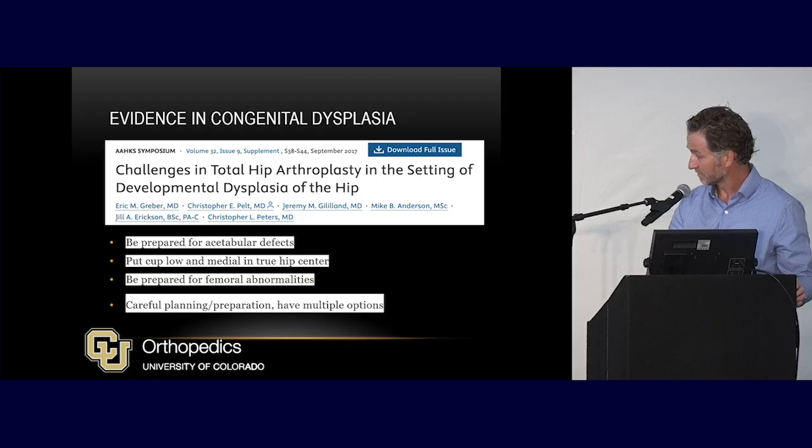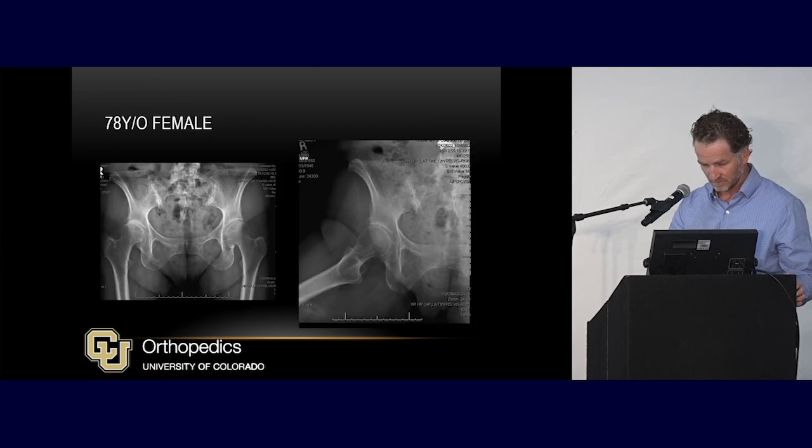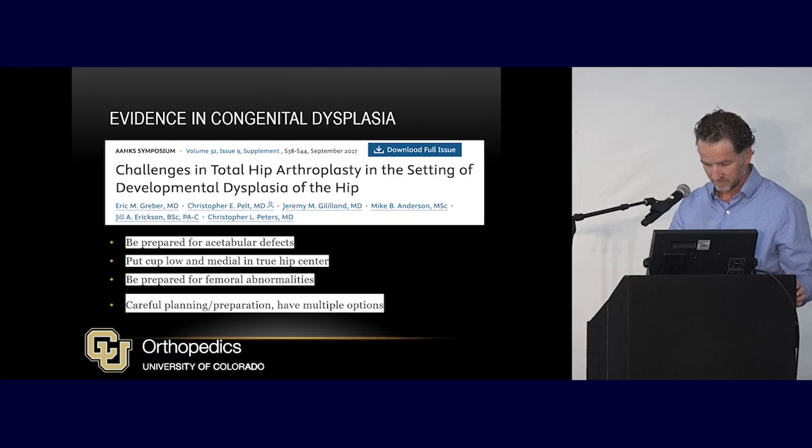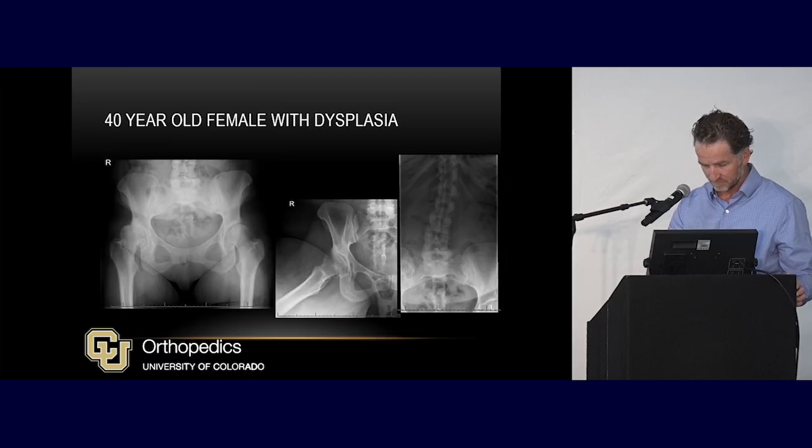If I may add, this is pertinent to severe dysplasia, not this case, when you're lengthening more than 1 or 2 centimeters. The classic number is 3 centimeters, but I have had nerve palsies with just 1 centimeter of lengthening. If I look preoperatively and know I'm going to have a significant lengthening, even in a revision case, depending on the type of stem or instruments I'm using, I always have another set of instruments ready. We don't use nerve monitoring anymore.